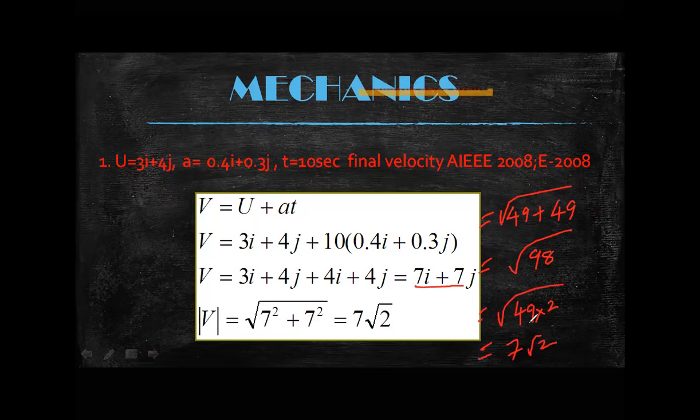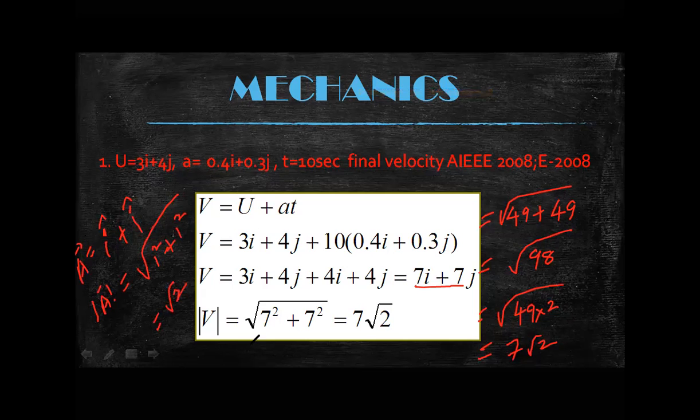Okay. So why am I writing this? Suppose I give i plus j, what is the magnitude? Tell me. Suppose I gave the vector as i plus j. If I ask you to calculate the magnitude, you simply need to do 1 square plus 1 square, so root 2.